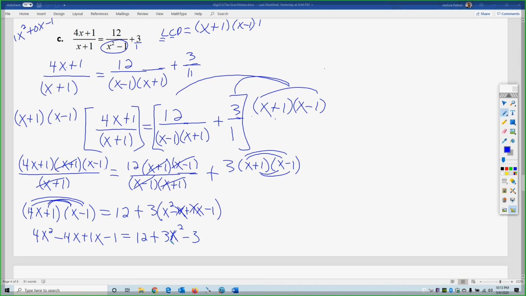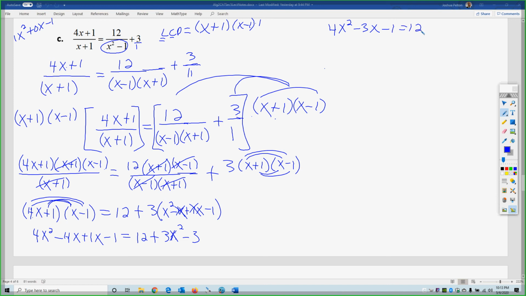All right, let's double check here. Make sure we're good. Yep, I think we're good. All right, so go over to here, and we get 4x squared minus 3x minus 1 equals 12.